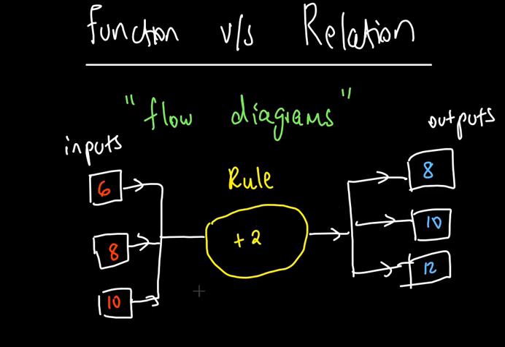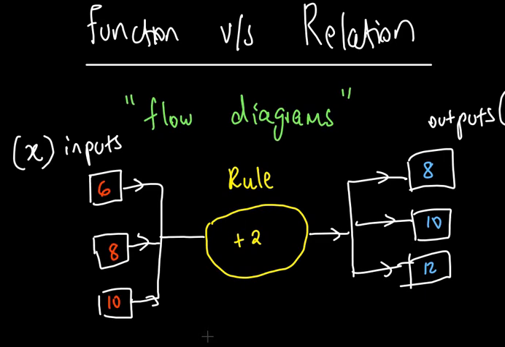The very same idea was extended to functions, where the input was given a name: the input will be x while the output will be y, and the rule is written like this. I want you to see something. If the input is x, the output is y.